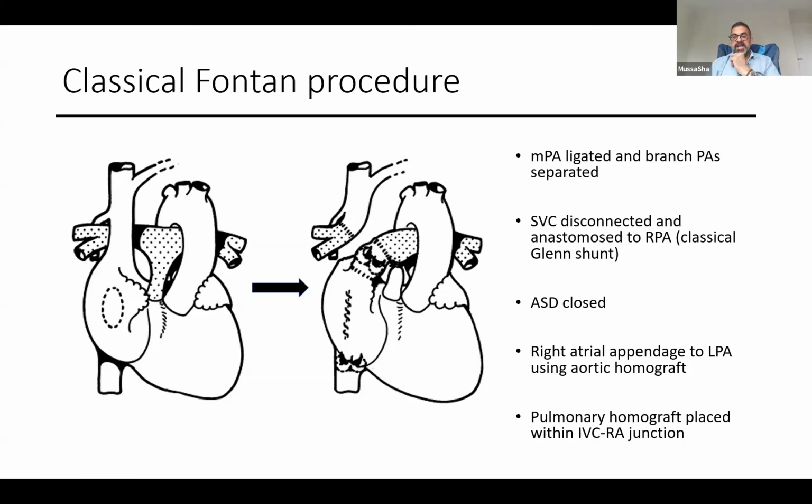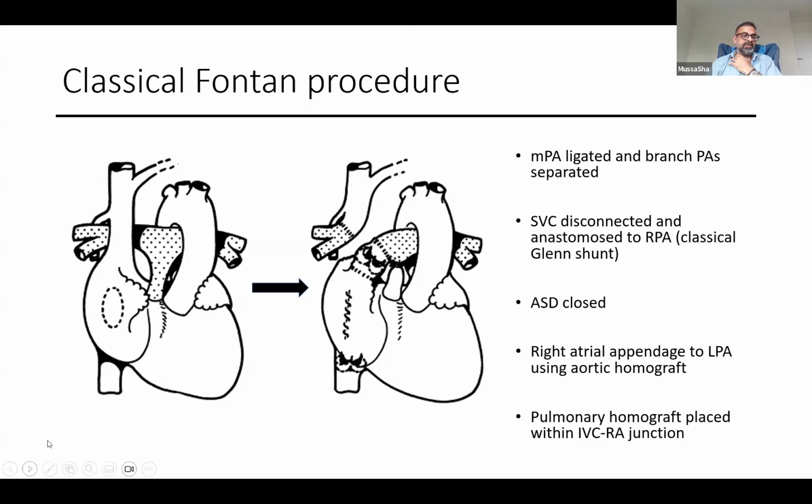And then finally, he placed a pulmonary homograft at the inferior cavoatrial junction, okay, so that you had some ability for unidirectional flow of blood from the inferior systemic venous return into the left pulmonary artery.